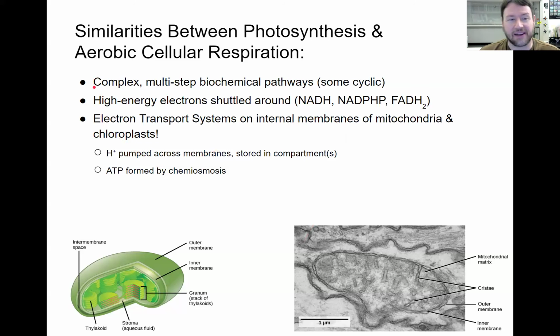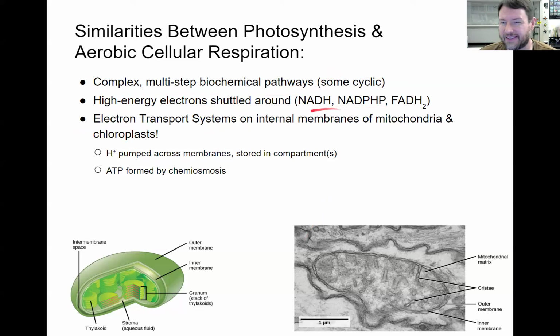They're both performing complex multi-step biochemical pathways. Some of these pathways are cyclic pathways. They both have a lot of internal membranes in these organelles. And these internal membranes contain electron transport systems, which can use high energy electrons that are being shuttled around.